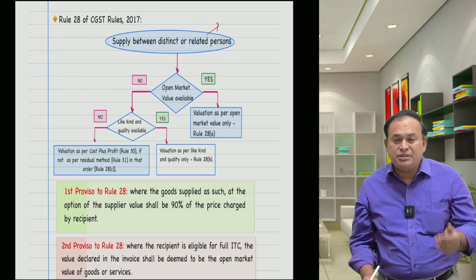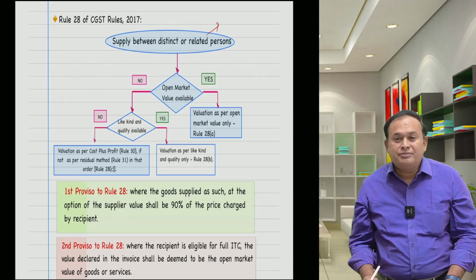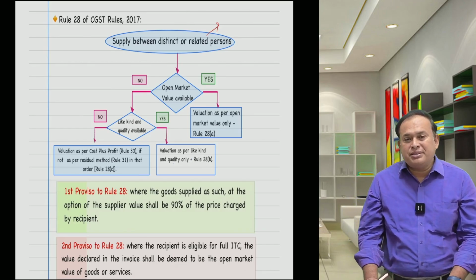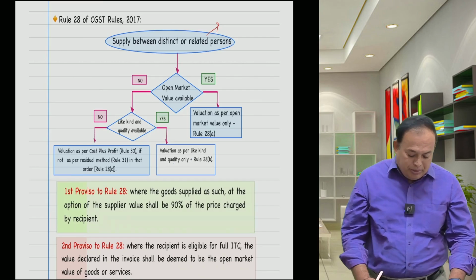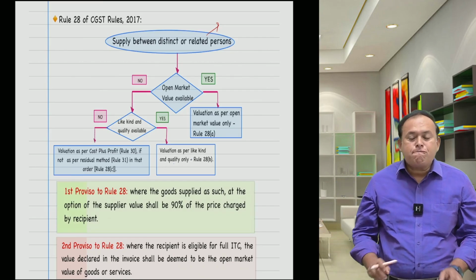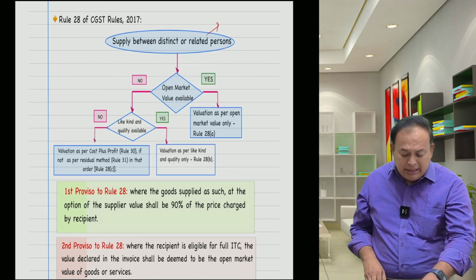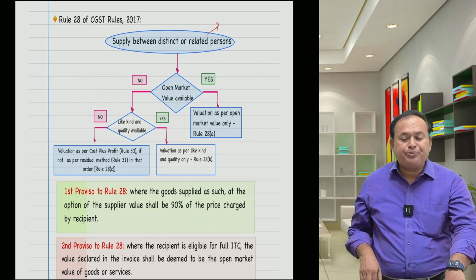Tell me how much? Does not exceed rupees 50,000, which is not a supply. We refer to these points. Now please come back. So I refer to you distinct persons. I refer to you the related person concept here.